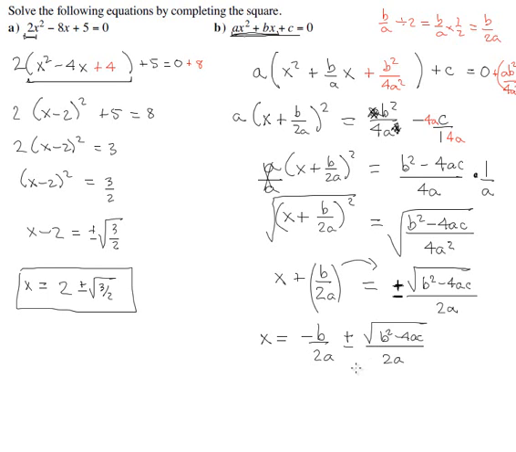Now, we catch a break here. We have a common denominator, so we can squish these two pieces together. And when you do, you get minus b plus or minus root b squared minus 4ac all over 2a. You recognize that?